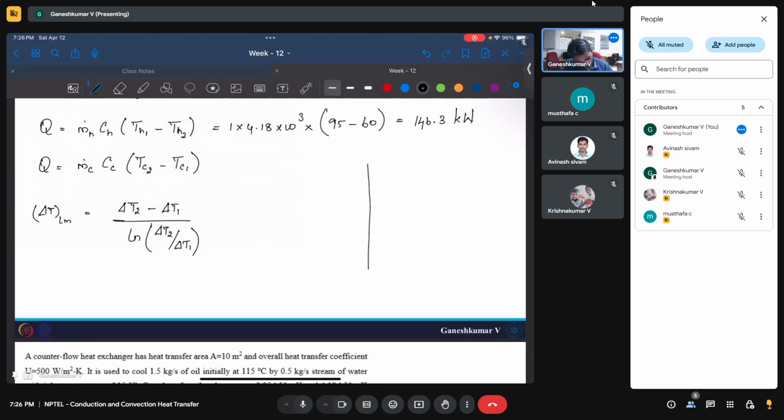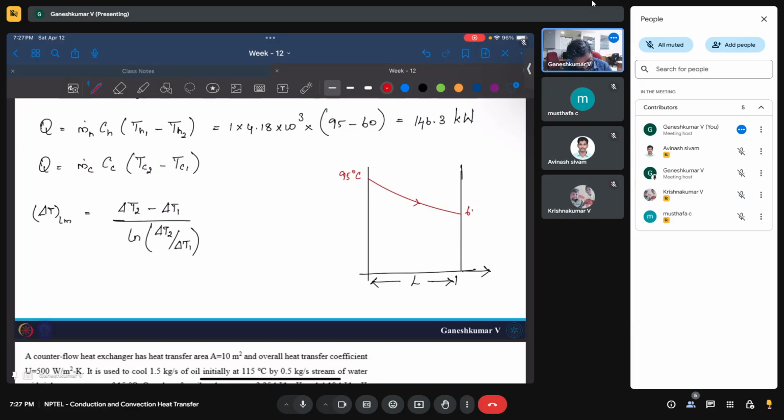Maybe if I plot that, this is along the length of the heat exchanger. The hot fluid enters at 95 degrees Celsius and cools down to 60 degrees Celsius.